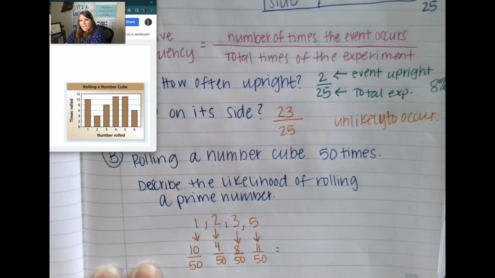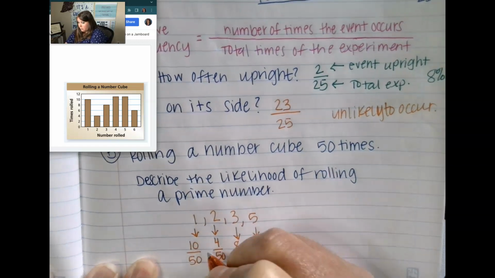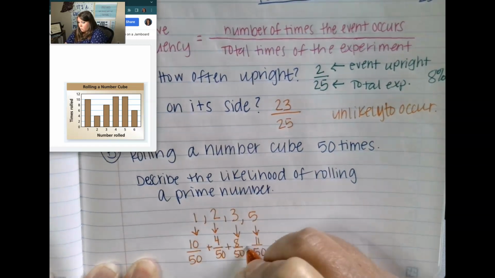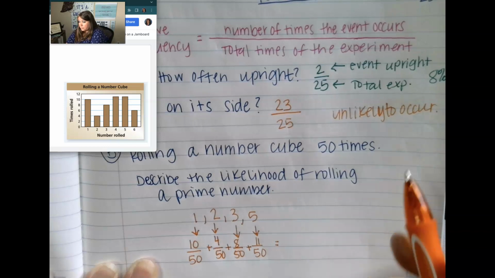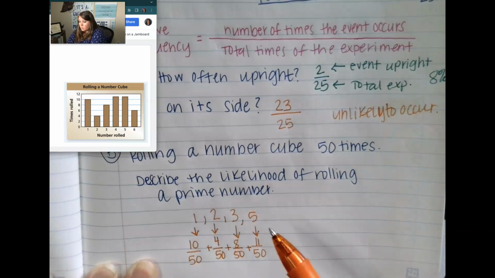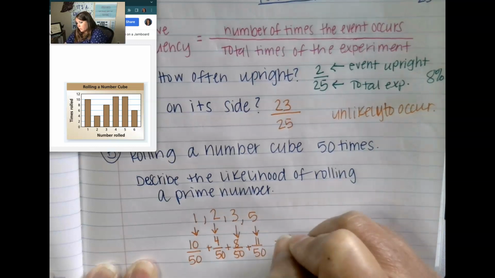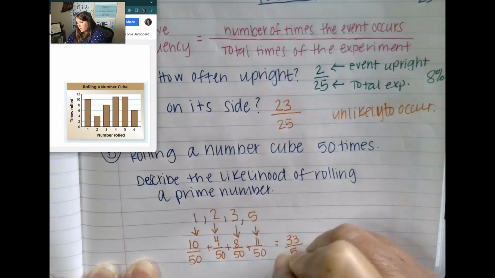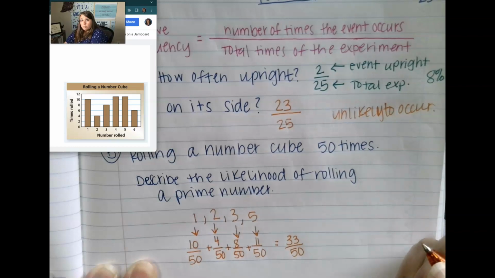So we're just going to add all of these up and figure out what the likelihood is of rolling a prime number. So 10 and 4 is 14, 8 is 22, and then we have 33. So 33 out of 50 of the rolls were prime numbers.